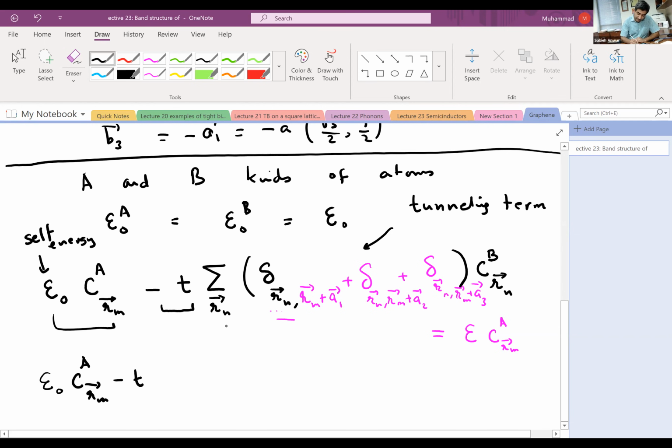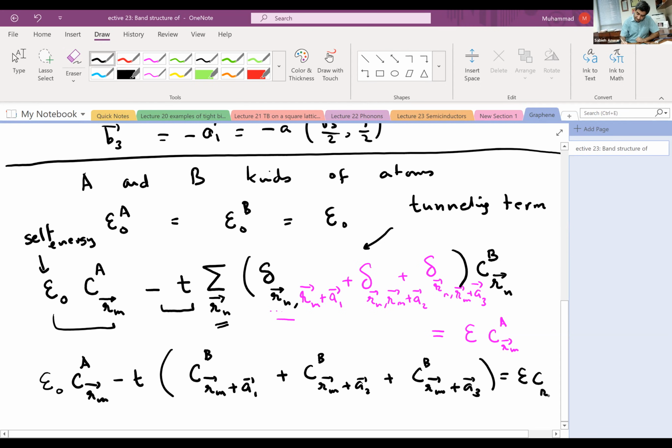Minus T, and then if I were to take the sum over all Rn's, and I'm going to pick up particular values of Rn's, which are equal to Rm plus a1, Rm plus a2, and Rm plus a3, I'll end up with C_(Rm+a1),B plus C_(Rm+a2),B plus C_(Rm+a3),B. This equals E C_Rm,A. So this is my first equation.